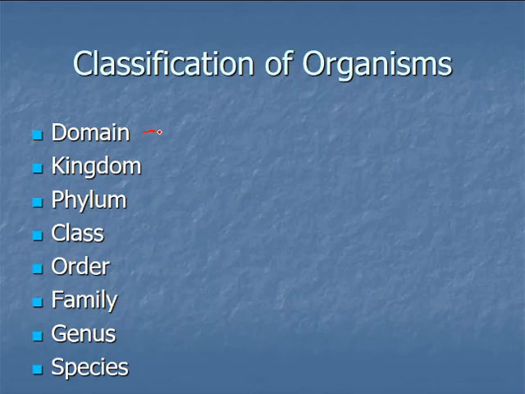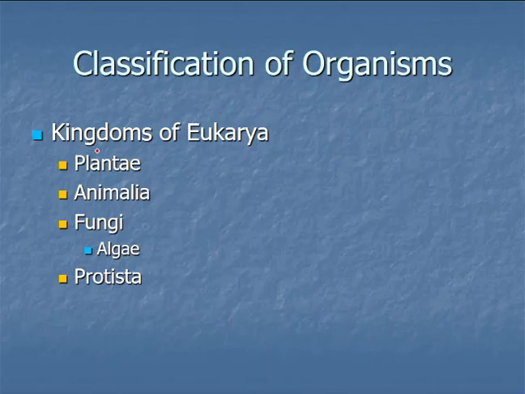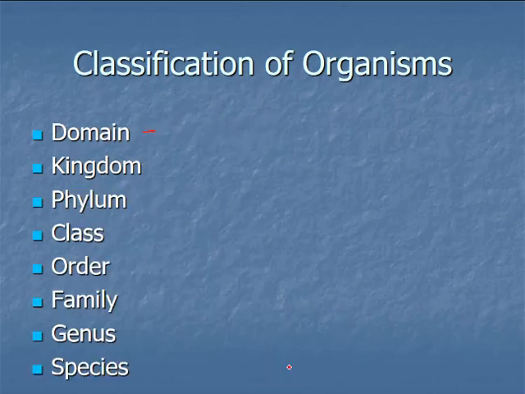For instance, with domains, you've got eukarya, which is all of your eukaryotes. That is subdivided into those different kingdoms, which we've got right here: plants, animals, fungi, and protista.